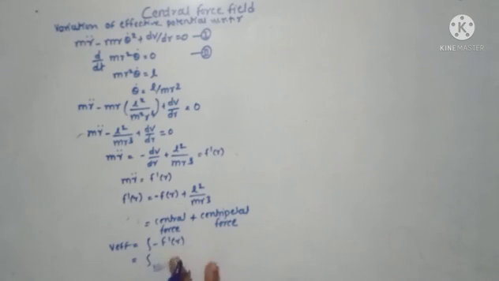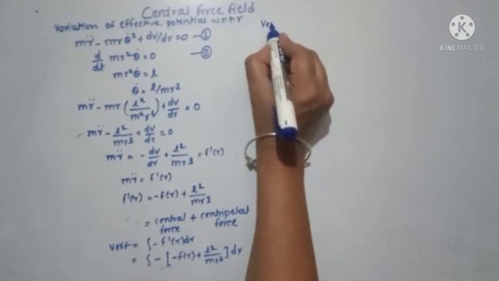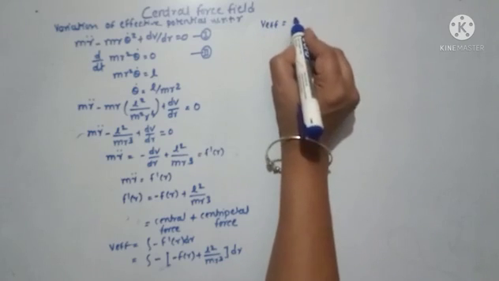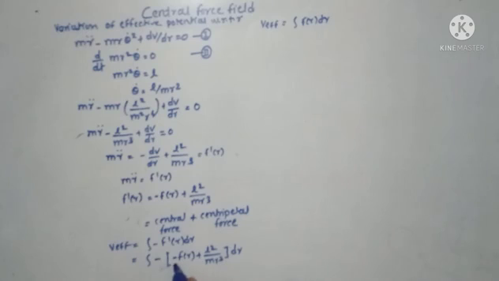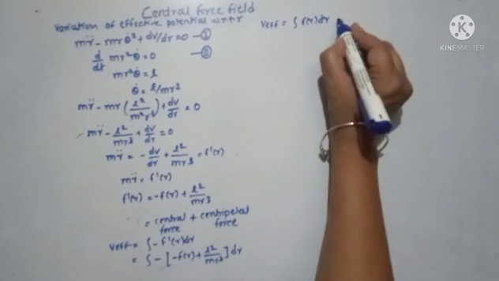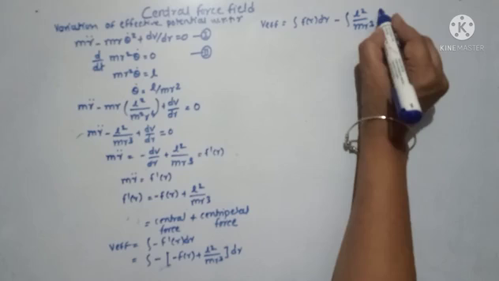First I will write it as it is: minus of f of r plus L squared upon m r cubed, into dr. If you don't skip the steps, you will get the accurate answer. Now see here, V effective is equal to the integration of f of r dr. So this minus and minus will become plus, minus the integration of L squared upon m r cubed dr.